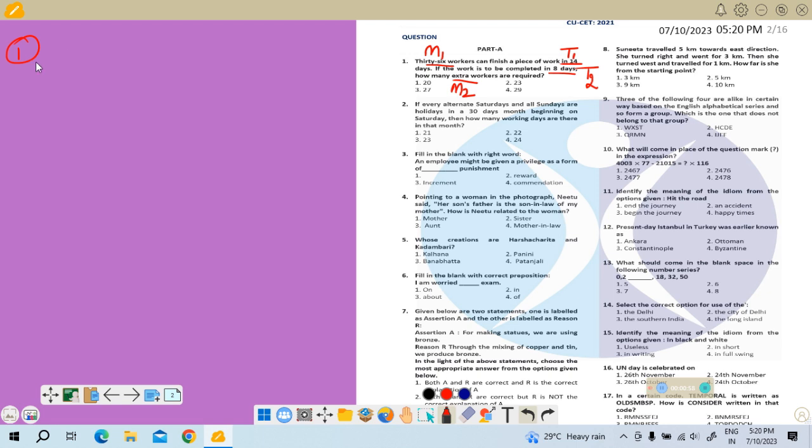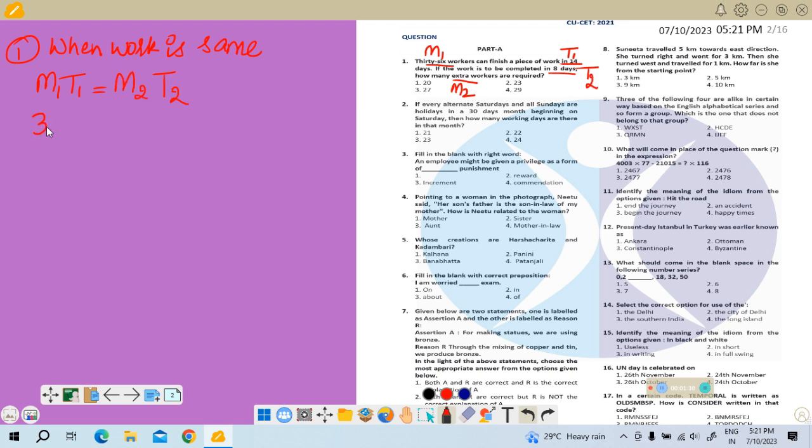So this is about time and work, from the chapter time and work. The concept applied is, when work is the same, M1 T1 is equal to M2 T2.